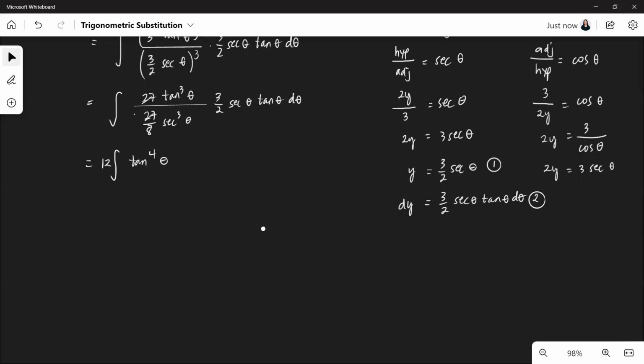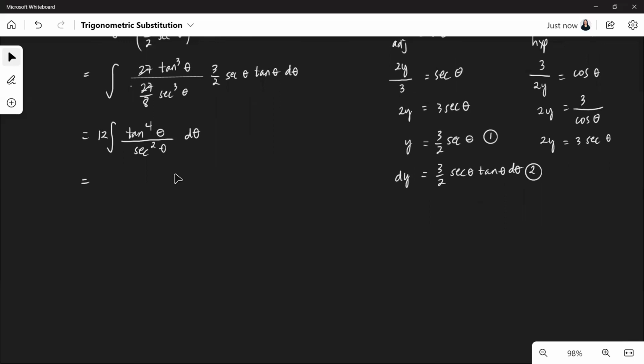And secant, we have 3 at the bottom and 1 here, so only secant squared at the denominator, d theta. Secant squared is at the bottom. If we put it at the top, it becomes cosine squared, the reciprocal of secant is cosine, or it becomes secant raised to negative 2.